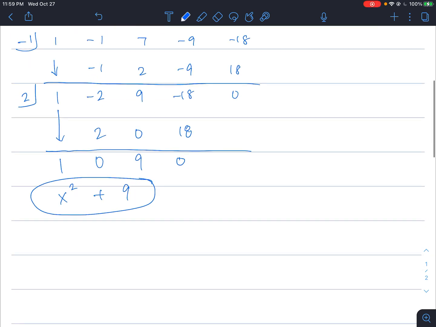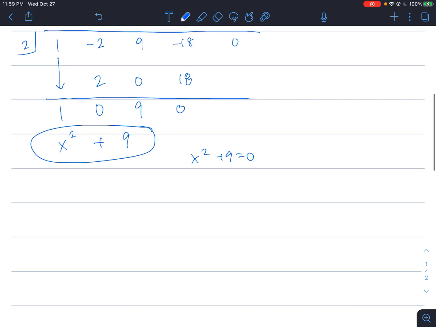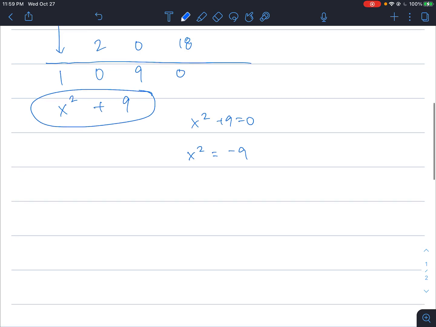So I can solve this algebraically. So I'll do x squared plus 9, set that equal to 0. x squared is equal to negative 9, take the square root of both sides. And then x will be equal to plus or minus 3i, because the square root of 9 is 3 and the square root of negative 1 is i.